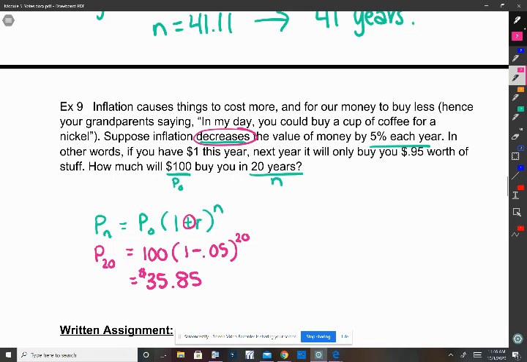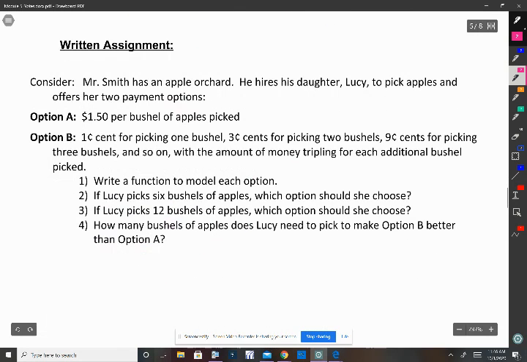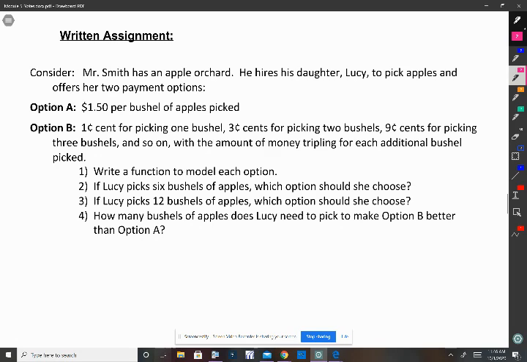5% each year. So there's a written assignment for this module. And I don't want to do all of it, but I just want to have you think about this a little bit. For the linear function, you guys are okay.